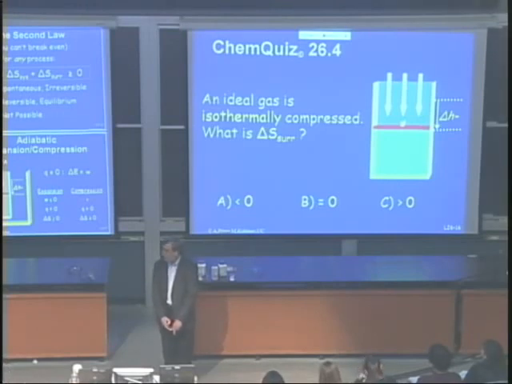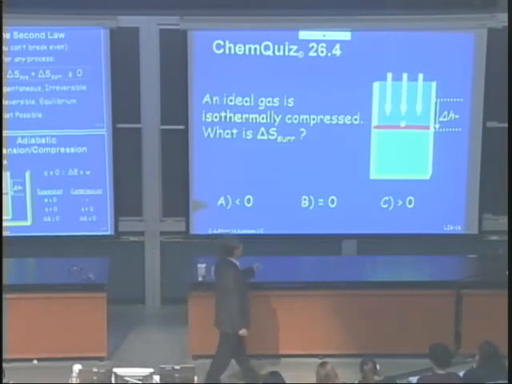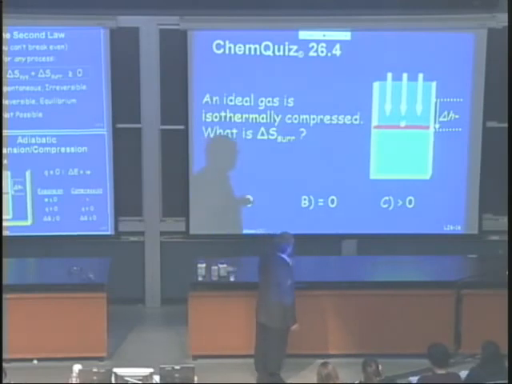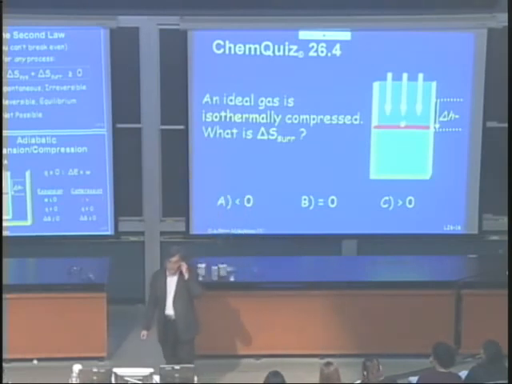Delta H increases, or delta E increases. But I want it isothermal, so heat has to flow out, all right? Heat flows out. With this, I have fewer microstates, so the delta S of the system was smaller than 0.